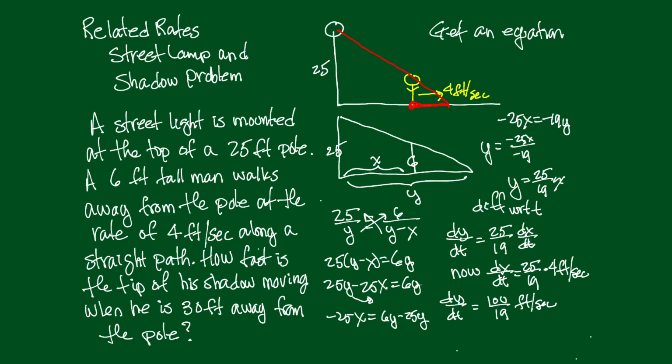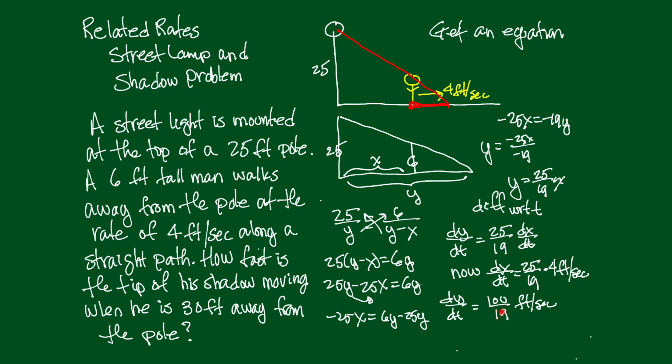Now notice something interesting in here. Back over here, I'm going to go all the way back to the end of the problem. It says this: how fast is the tip of the shadow moving when this fellow is 30 feet away from the pole? Well, 30 feet, nowhere in our calculation did we have to use that. So this rate does not depend on that 30 feet or any other length for that matter.